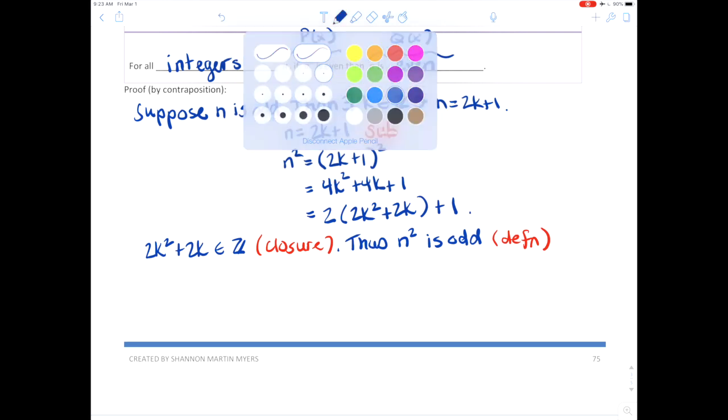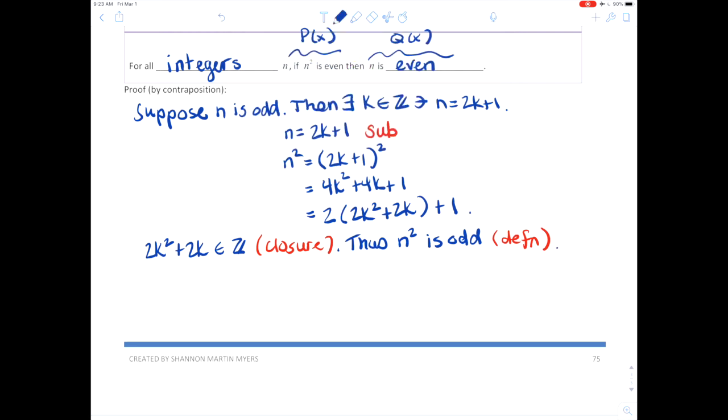And we're done, right? If you want, you can clean it up and you can say, therefore, for any n belonging to the integers, if n squared is even, then n is even.